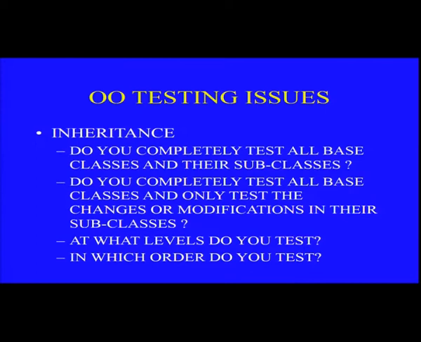Do you completely test all base classes and their subclasses? The base classes are tested. Does it mean that a class which inherits from 3 base classes is correct? How do we know? The base classes are tested, there is nothing wrong about it, absolutely tested.